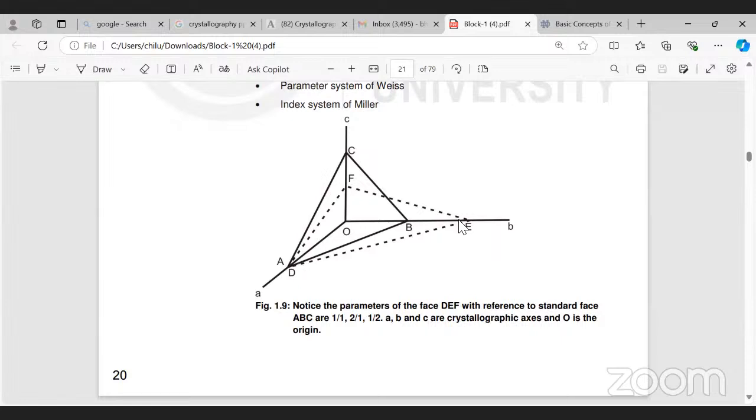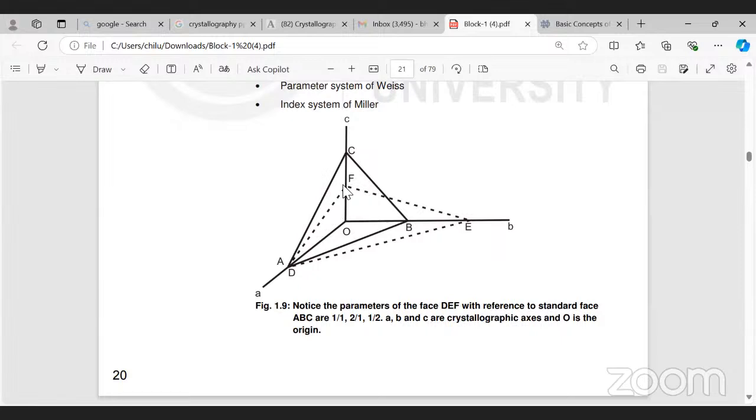D, E, F are the imaginary lines passing through these lines, and they indicate the standard face.